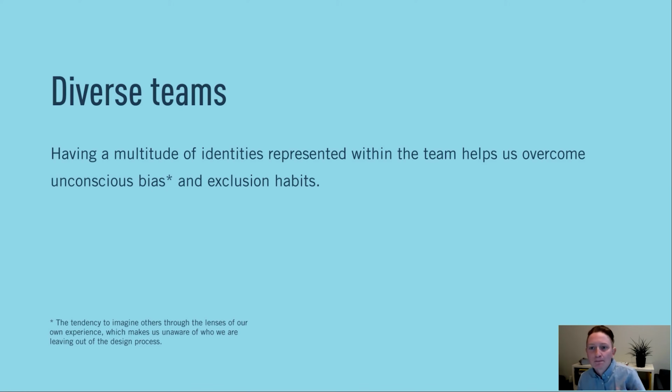So we might very easily, even with the best of intentions, make the mistake of assuming that others think and feel how we do, that they want what we want. And having people working next to us, working together with us towards the same goal, can help us reduce, or at least spot and be aware of, these cognitive mistakes that we make.